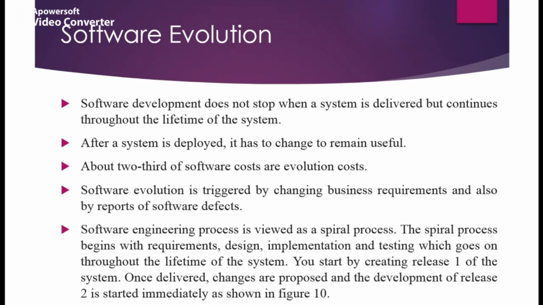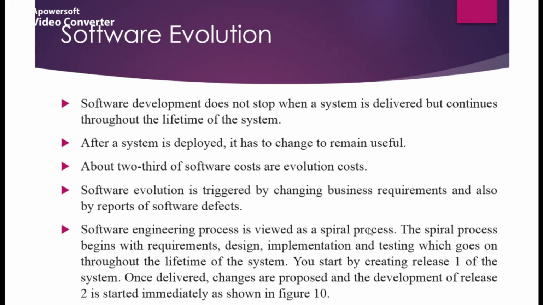Because the business is high and there is a lot of demand from the business side. So business requirements keep on changing. As you know, the technologies also change day by day. Because of the changing requirements of the business, software evolution is done. And also, even if there are some errors or defects in the system, we move to software evolution.